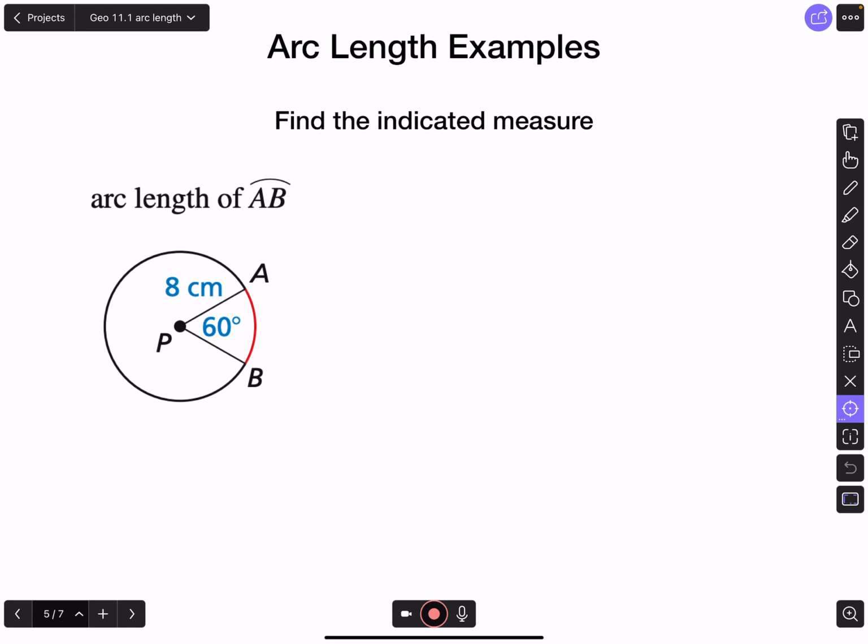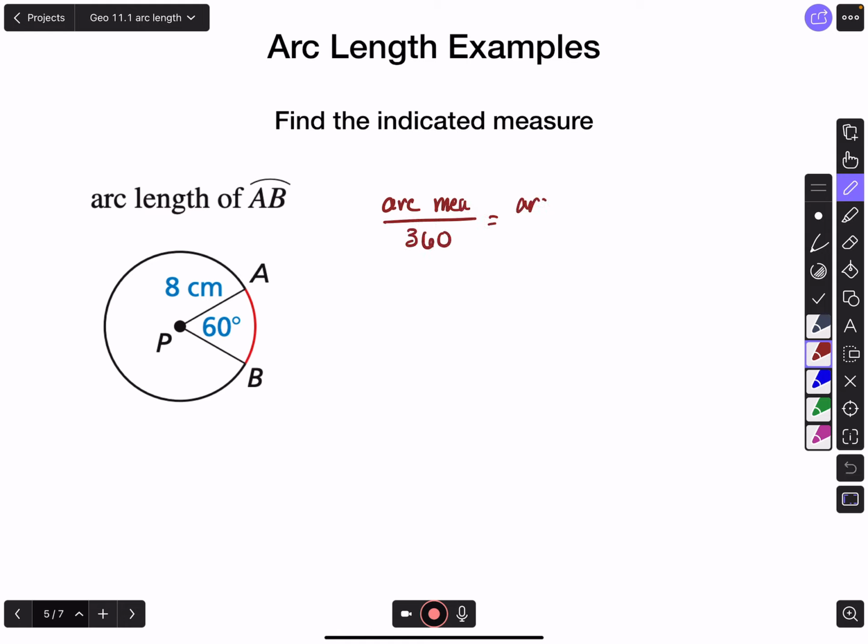Find AB. So I do think it's easiest to set it up like a ratio. So we're just going to go arc measure over 360 equals arc length over 2 pi r. And arc measure is 60. Remember, that's the angle over 360. That's equal to the arc length.